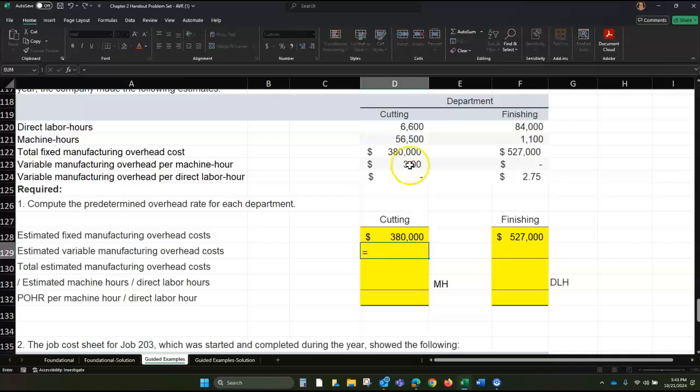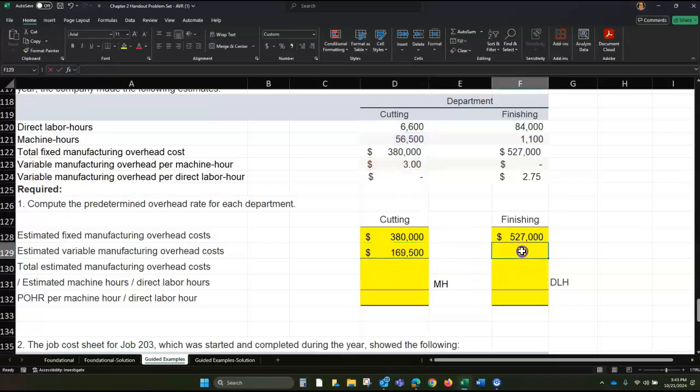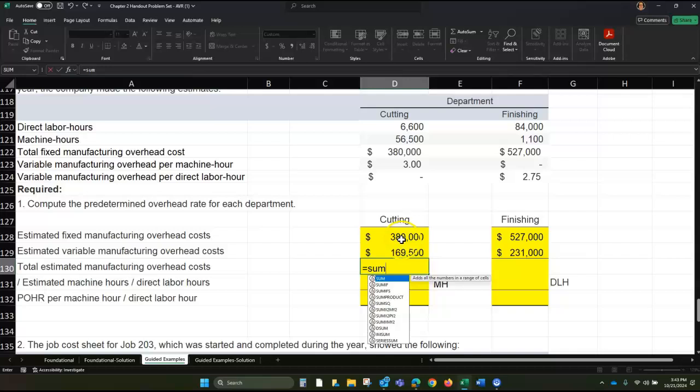So now we've got to pick up machine hours times the machine overhead rate. Over in the finishing department, we're allocating based on direct labor. So we pick up direct labor hours in the finishing department times the overhead rate. We're just simply going to sum those two together.